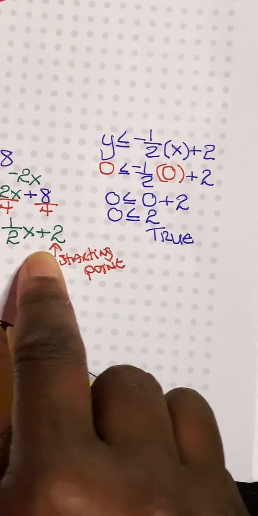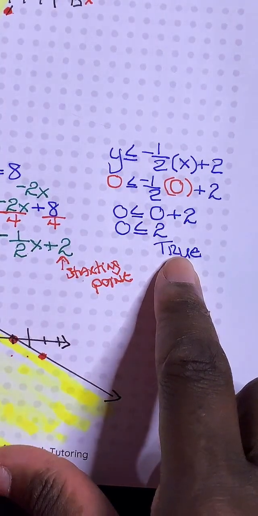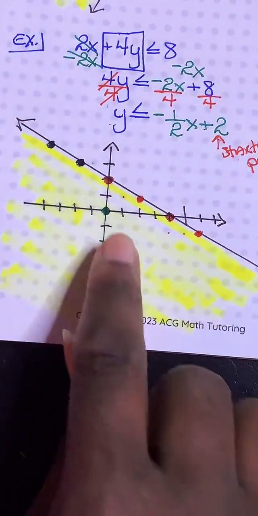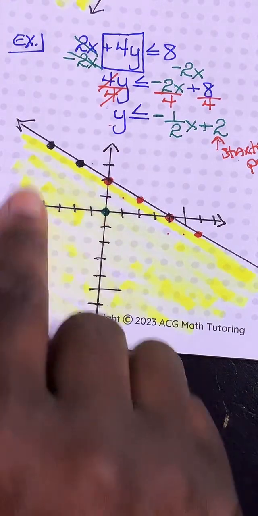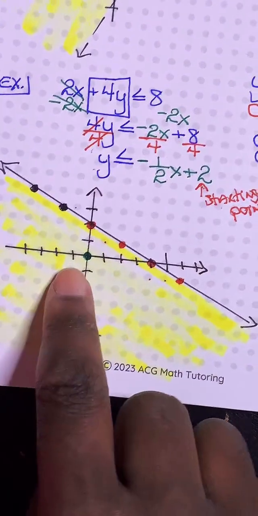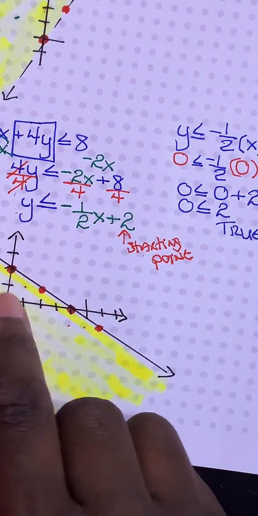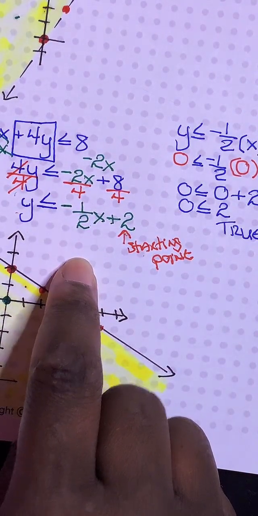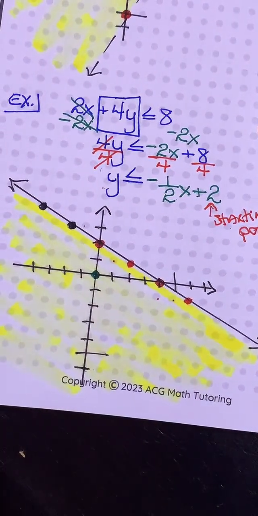Plug it into the formula. If it gives you a true statement, you are shading the side that contains 0,0. This is actually below the boundary line. If it gives you a false statement, then you shade the side opposite, the side that does not contain 0,0.